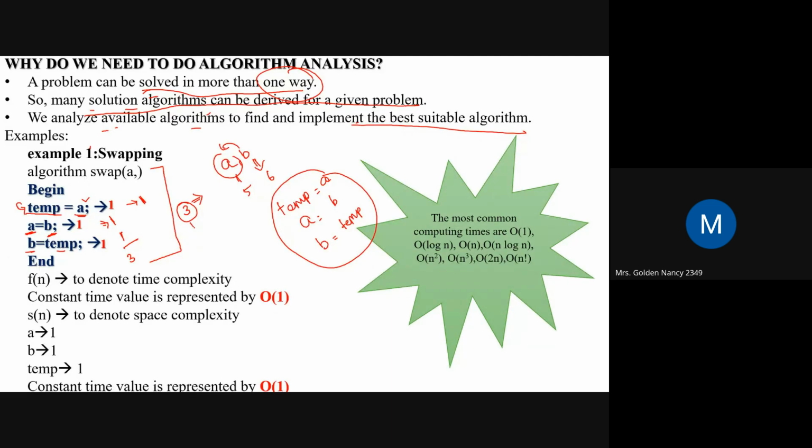Since it's a constant, you can denote it as big O of 1. So it takes 3 constant times to do a swapping, but instead of putting 3 there, since it's a constant, overall it takes one amount of time to swap. So we denote it as big O of 1.